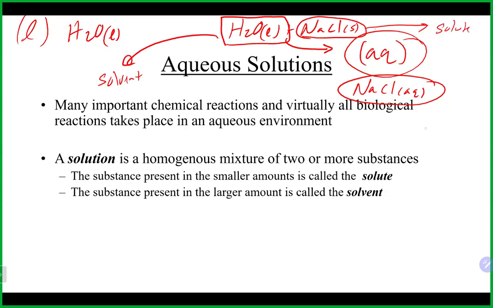The good news is if you do have a solution such as this, whatever the name of the solution is, like in this case sodium chloride, that's always going to be the solute. So if you have a sodium chloride solution, the solute is going to be sodium chloride. If you have potassium chloride, it'll be potassium chloride.